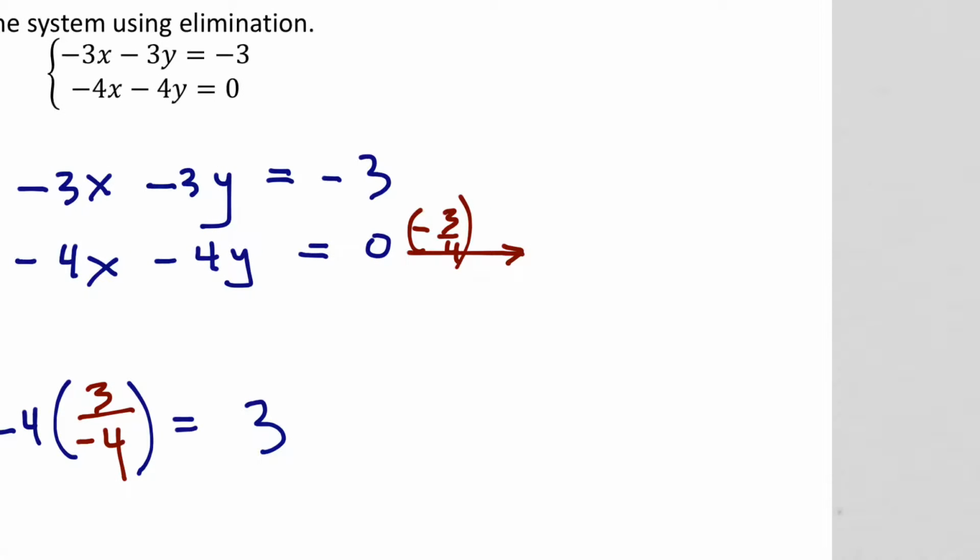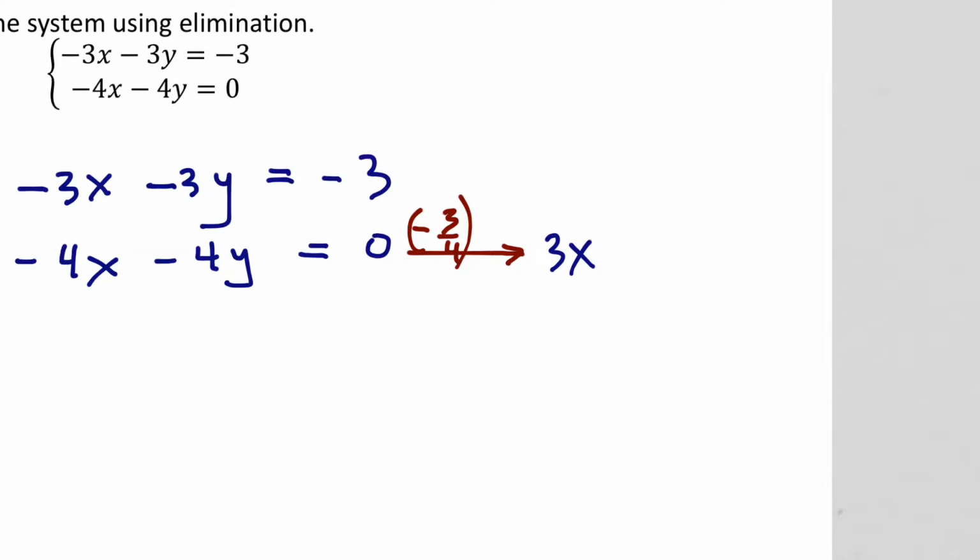We already know that the first term will be 3x because we figured that out already. Now you can see here that this is the same coefficient, so I would have to multiply that one by the same negative 3x here. So you'll get 3y, and then if I multiply the 0 by negative 3/4, you're still going to have 0. So I've transformed that equation.